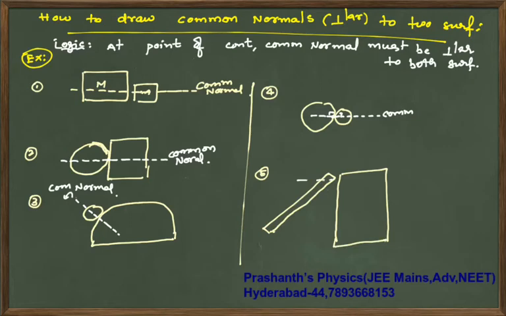At the point of contact it will be like this. This is your common normal. At the point of contact it must be perpendicular to both. Now you can pause the video clip, copy the content down. Right, I'll move ahead.